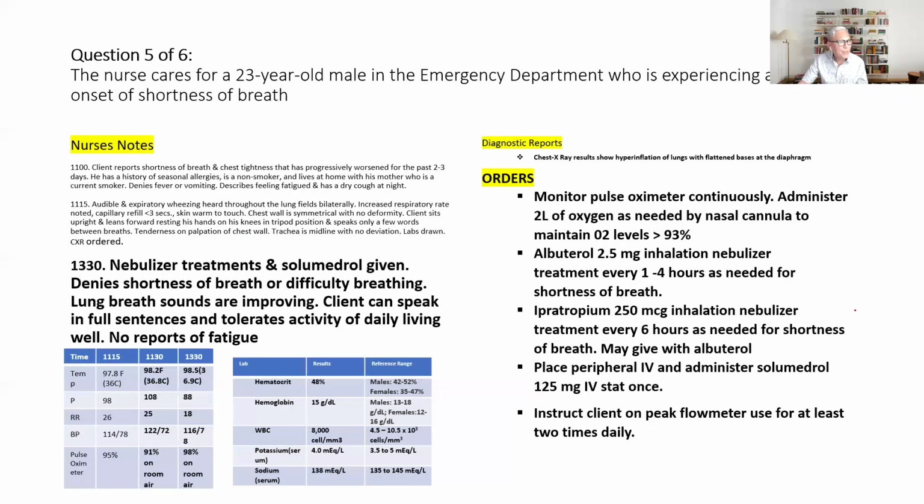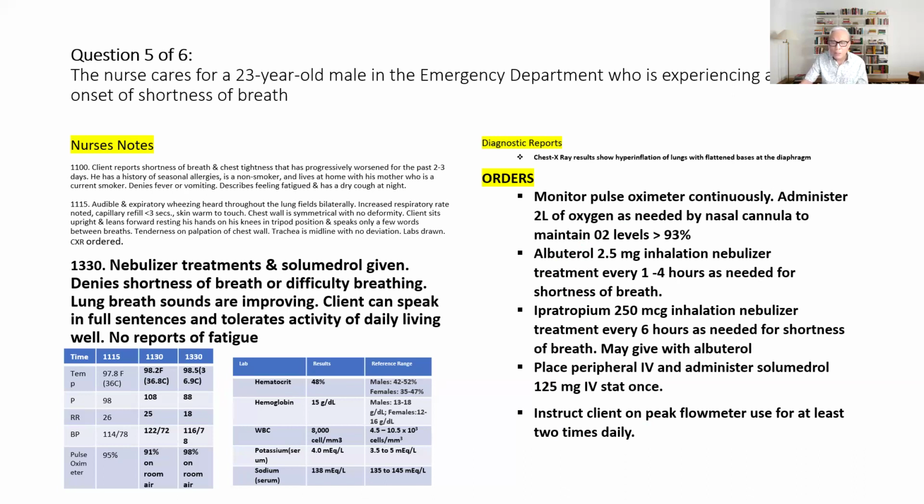Okay? All right. So now we have these orders. The orders are: monitor pulse oximetry continuously, albuterol 2.5 inhaler, ipratropium 250, peripheral IV, and instruct client on peak flow meter use at least 2 times daily.